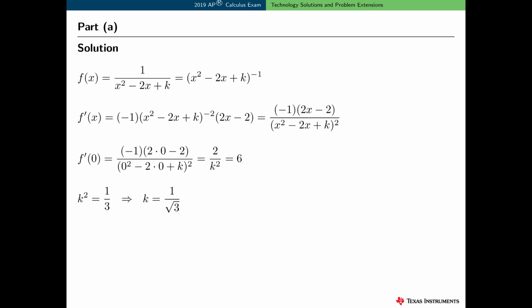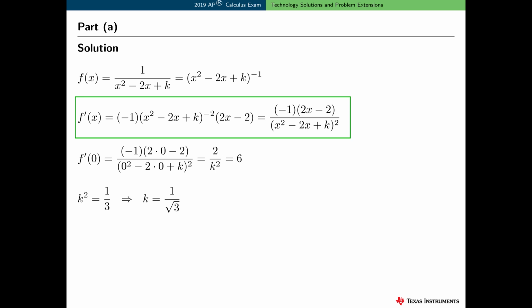Let's take a closer look at the solutions, and where appropriate, the use of technology to answer these questions. In part A, we need to start by finding f prime of x. Now, I think it's easier to rewrite the expression for f as a power rather than a quotient. Then I can use the power rule and the chain rule to find an expression for f prime of x.